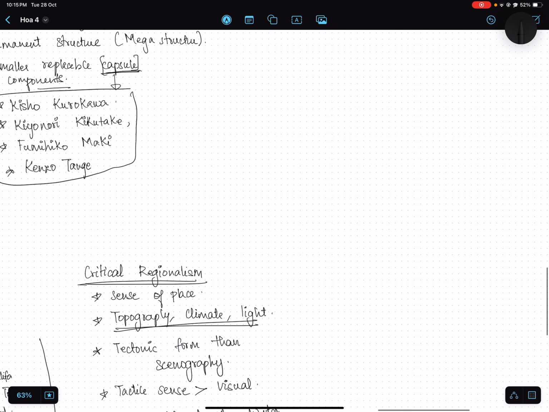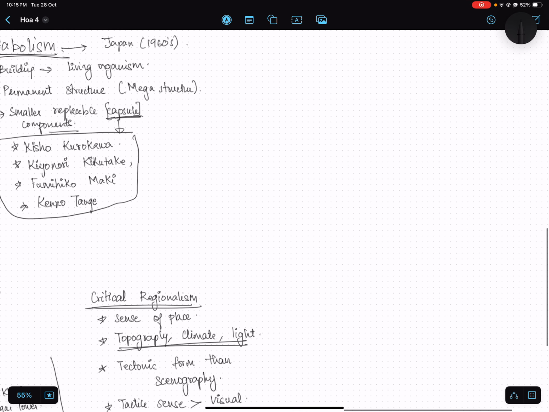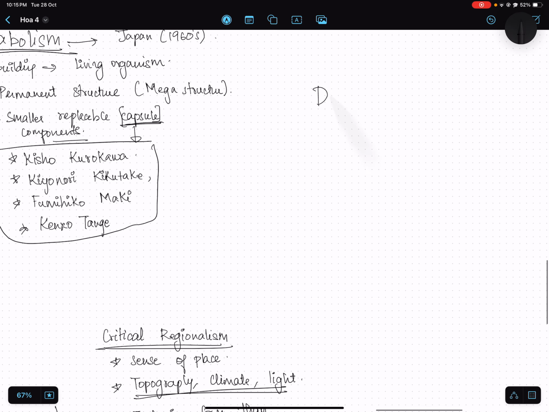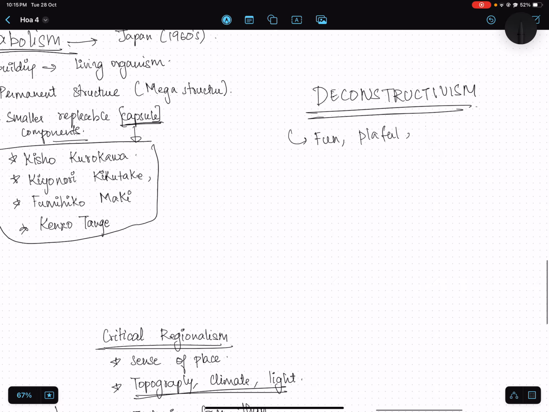And finally we have deconstructivism. So this is a more fun, playful architectural style, and this wanted to break away from the rectilinear shapes.